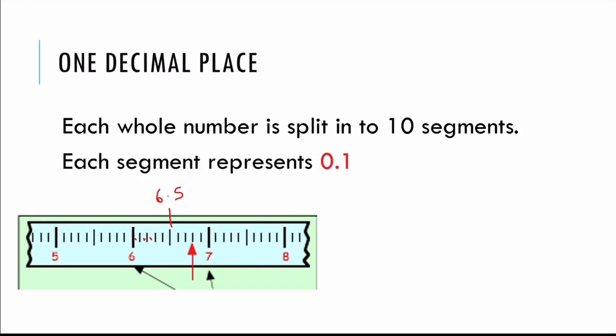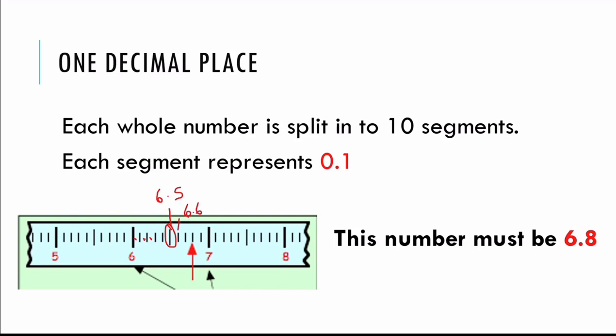Again, one whole split into 10 means each segment is 1/10, 0.1. So this number must be 6.8 since it is 8 along. You can go from the 6.5 in the middle since that is clearly marked: 6.6, 6.7 and 6.8 is where the red arrow is pointing.